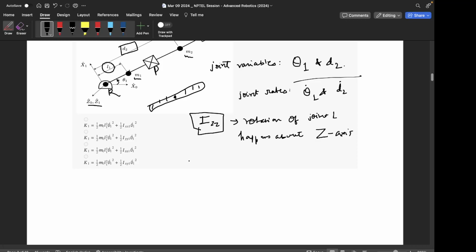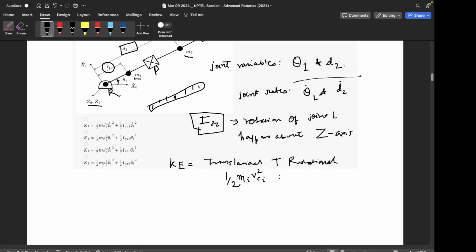Okay, so kinetic energy is the sum of translational and rotational. The translational part is given by half mi vci square. vci is the velocity of the center of mass.